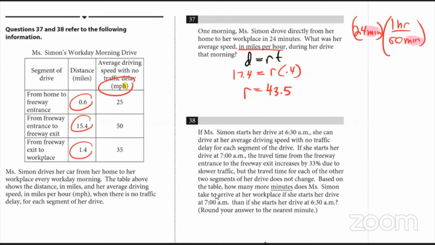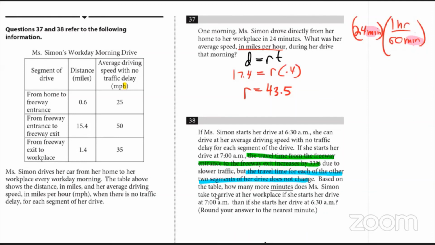Now looking at number 38, that is a seemingly very difficult question, but there's kind of one way out. So the question says that the travel time from the freeway entrance to the freeway exit increases by 33%. But the travel time for each of the other two segments does not change.